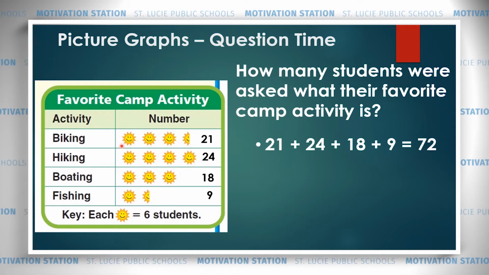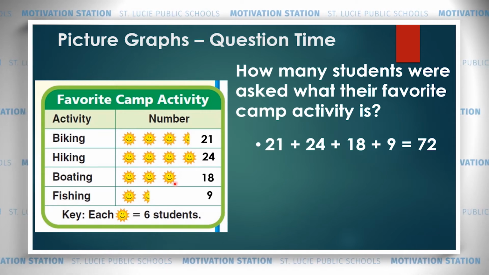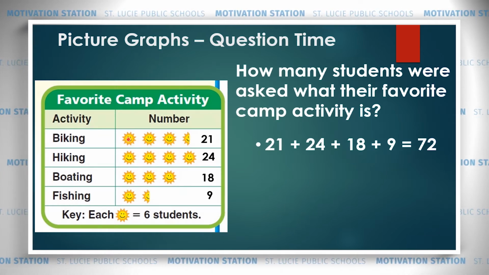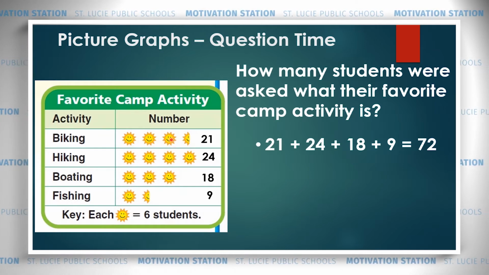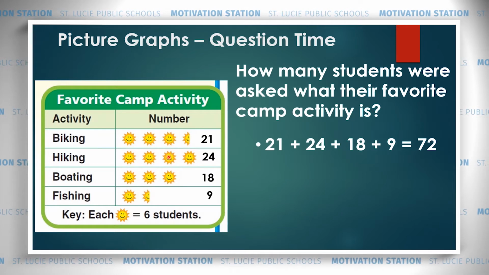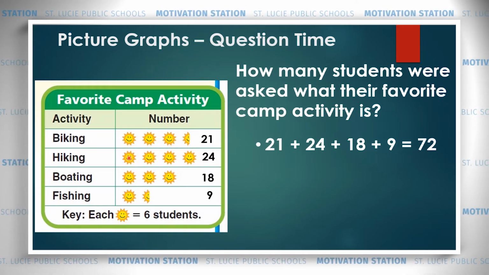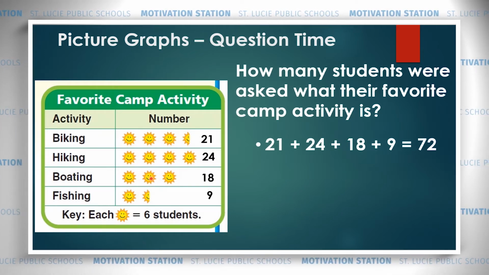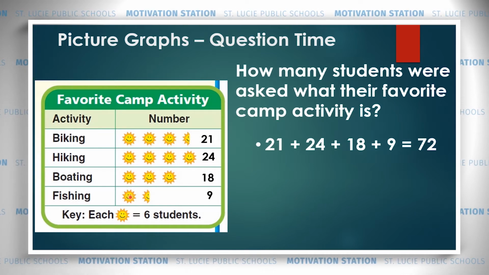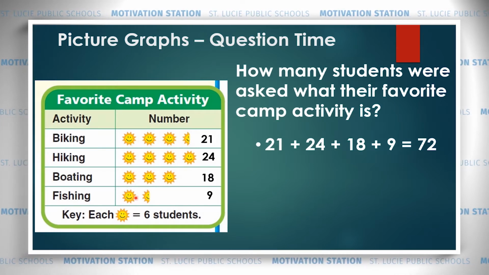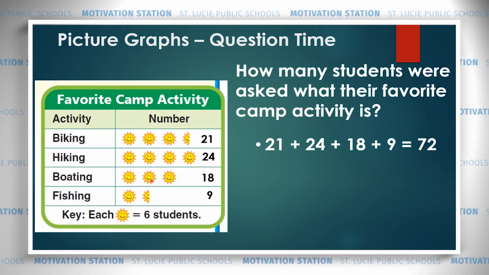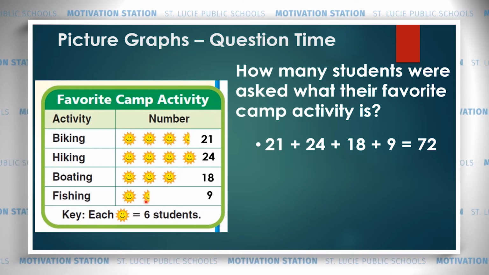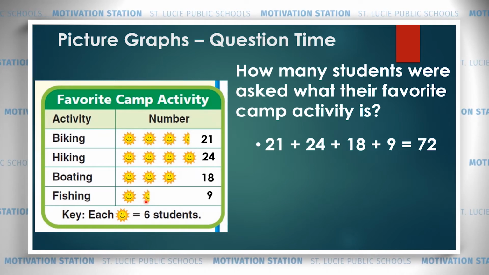We could count up how many sunshines we have. So if I count my whole sunshines first, I have 1, 2, 3, 4, 5, 6, 7, 8, 9, 10, 11 whole sunshines, and a half here and a half here together would make 1 whole, or 12 whole sunshines.